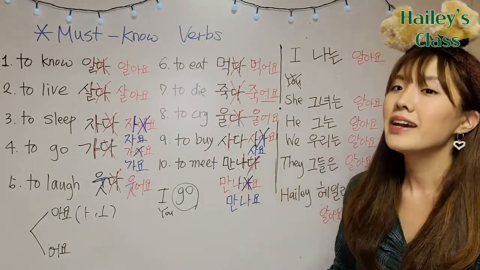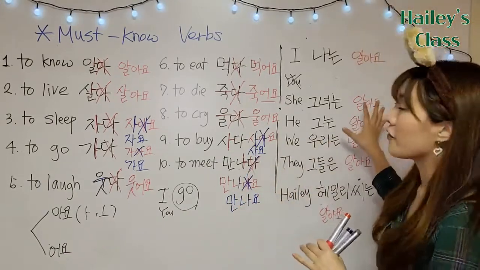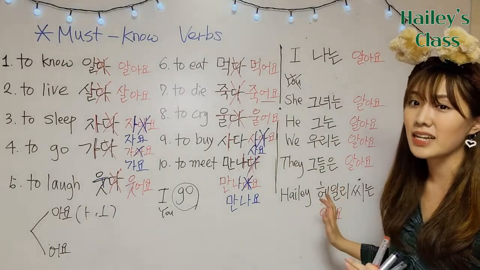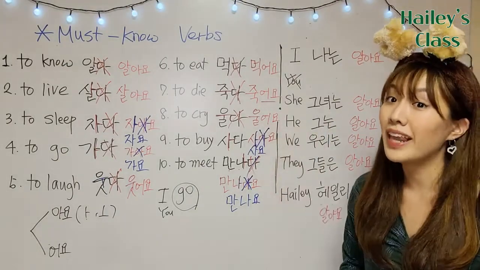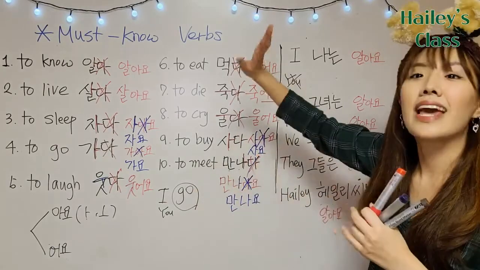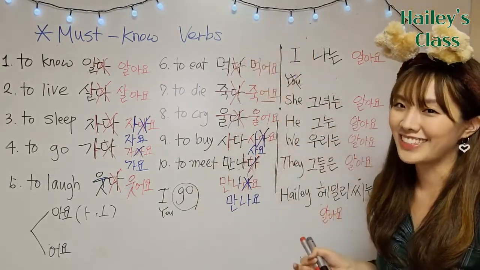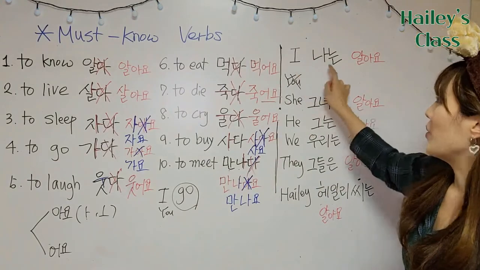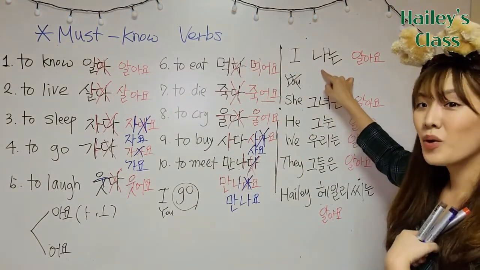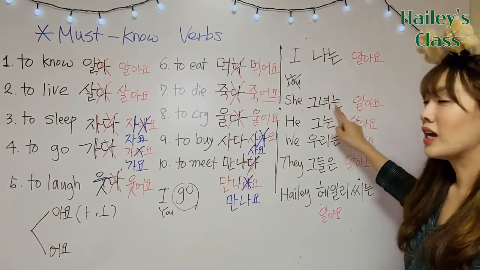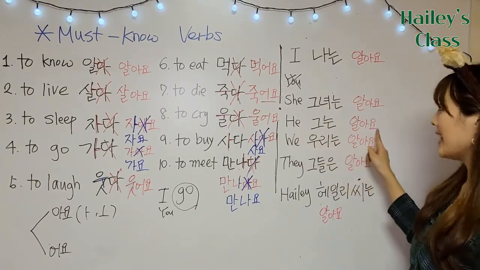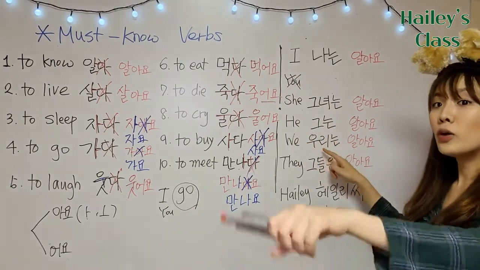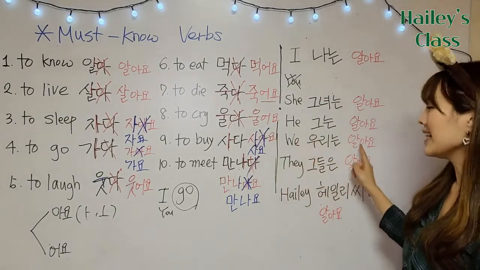I made very simple sentences, but let's learn these parts first and then move on in later classes, okay? I know. 나는 알아요. She knows. 그녀는 알아요. He knows. 그는 알아요. We know. 우리는 알아요.